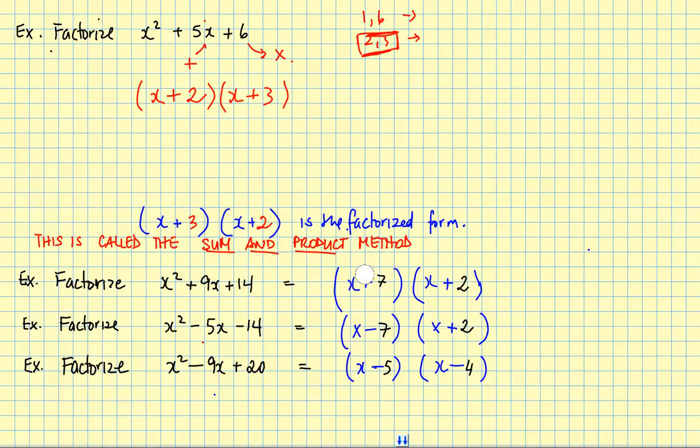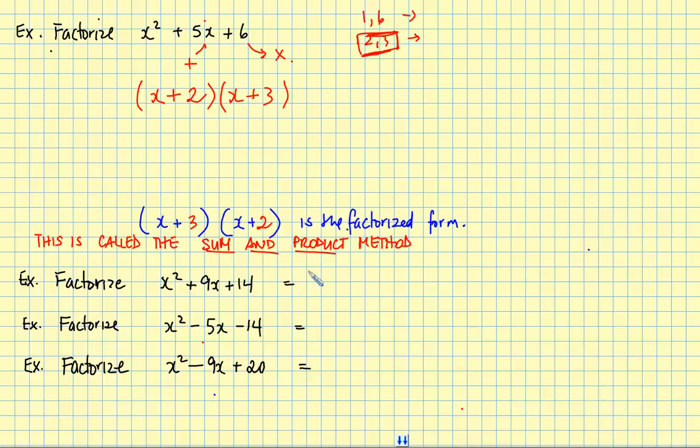All right, so if we wanted to do these next ones, now we have something a little bit different here, because in these ones we are also looking at some negatives. So let's take a look at the first one, which is just a positive, but let's look at it anyways. So we've got x squared plus 9x plus 14. What are all the factors of 14? Well, it's either 1 and 14 or 2 and 7.